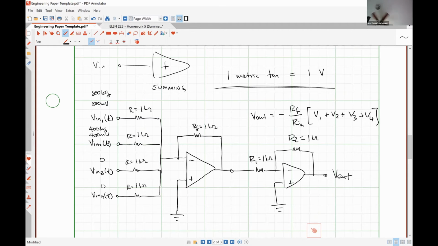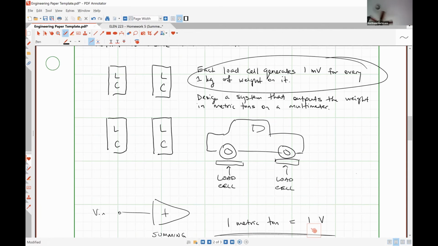Okay. What if we wanted to change the output from metric tons to an imperial ton? What I mean by an imperial ton is 2,000 pounds is 1 ton.